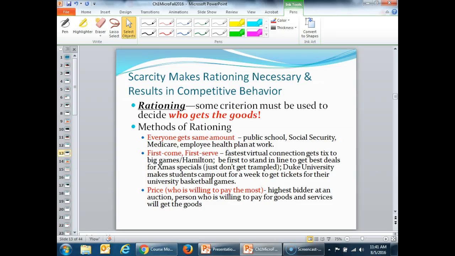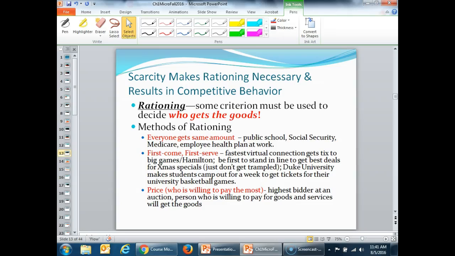You guys have obviously heard of Hamilton on Broadway. And so there was a huge controversy because these professional ticket purchasers were getting in there, buying all the tickets for $600 and reselling them for $1,400 or something ridiculous. But yeah, they were first come, first served. They got it.